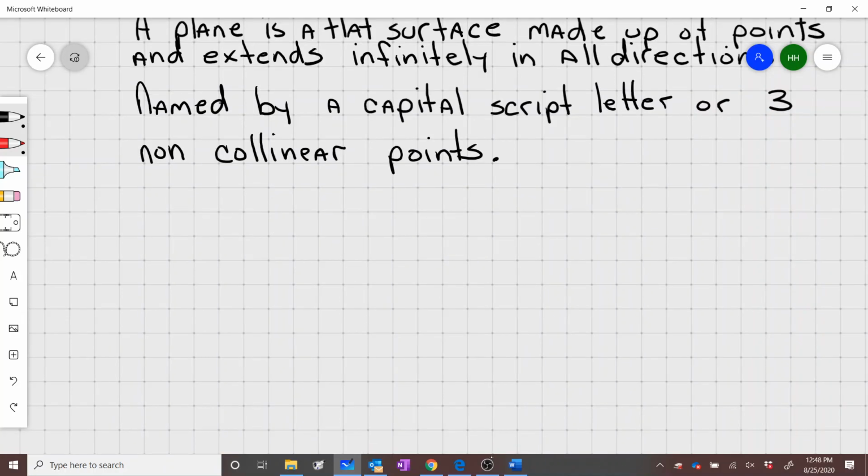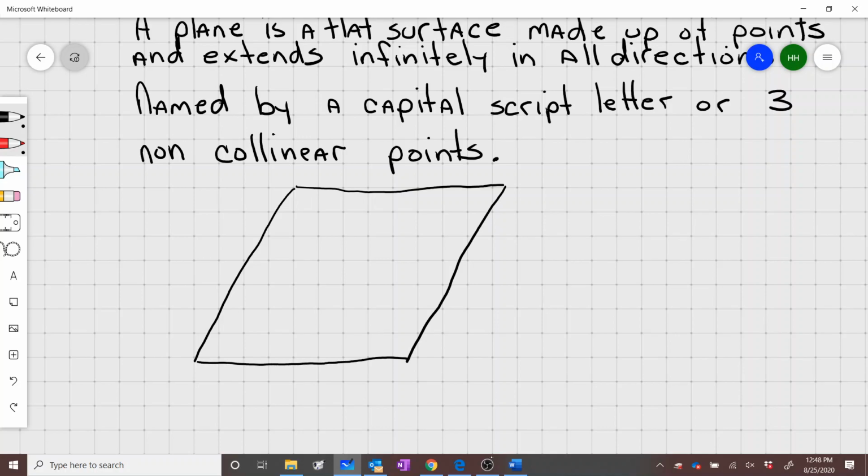And a diagram of a plane would look something like this. Right, so if we were describing this plane or naming this plane, we can use 3 non-collinear points.